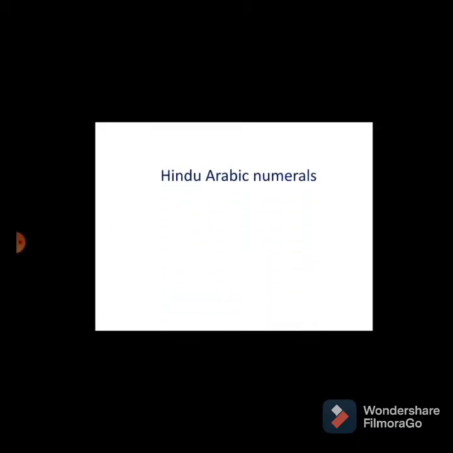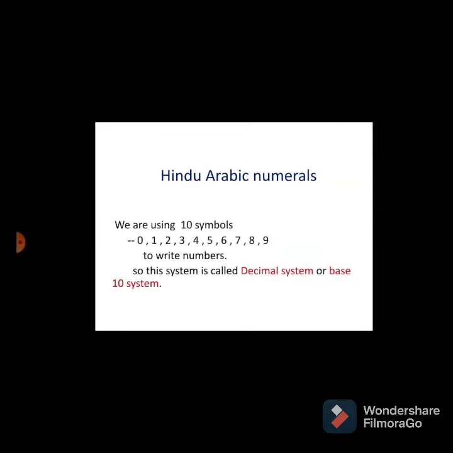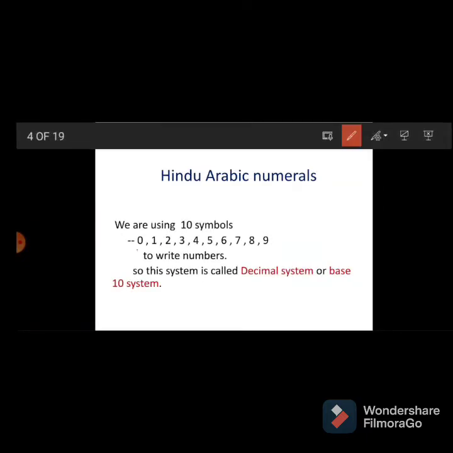In Hindu-Arabic numerals, we use 0, 1, 2, 3, 4, 5, 6, 7, 8 and 9, these 10 symbols, to write numbers. This system is also called the decimal system or base 10 system. We have already discussed this system in one video.